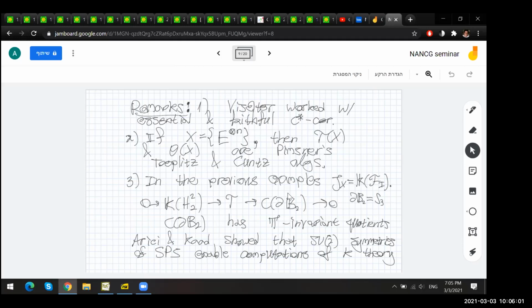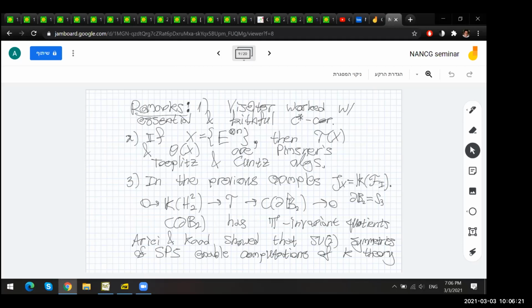The thing that I really liked about the paper of Arici and Kakariadis is that this was Viselter's example. He was saying, okay, continuous functions on the boundary of the two ball doesn't satisfy gauge invariant uniqueness theorem.